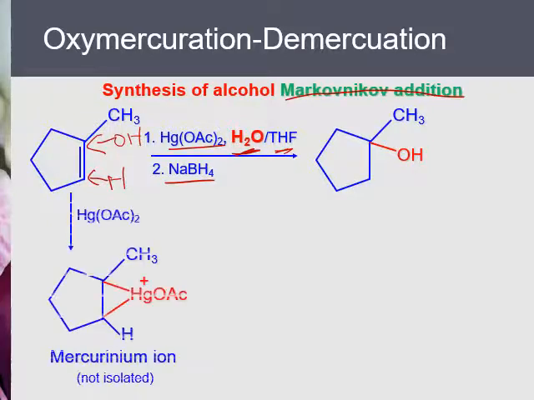So in the mechanism, the first step is mercury acetate adding to the double bond, forming a mercurinium ion.